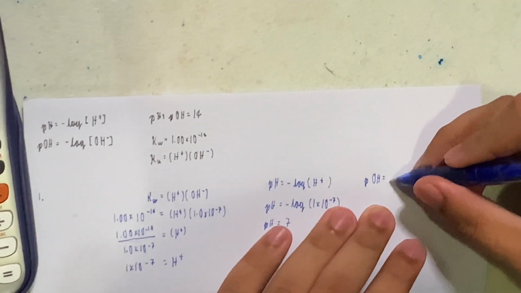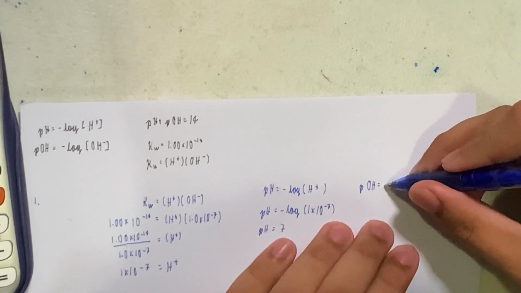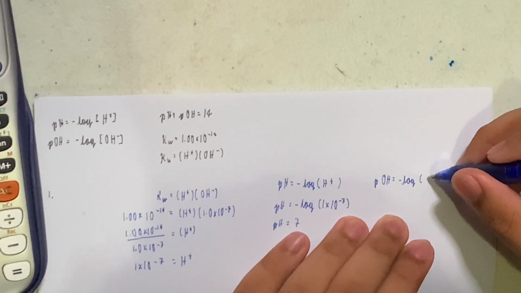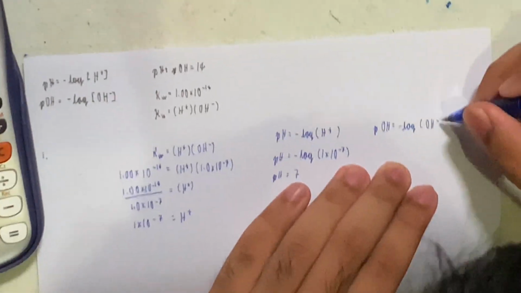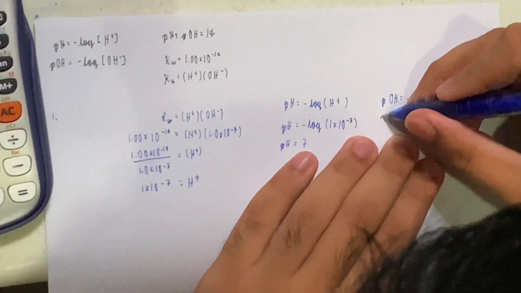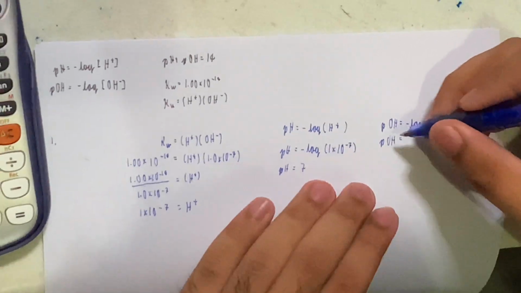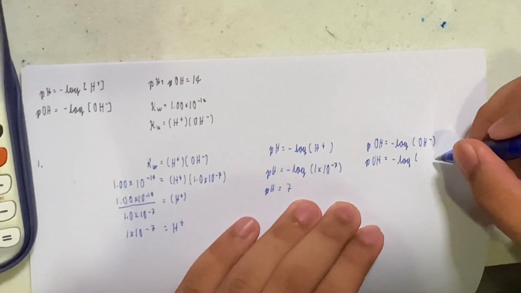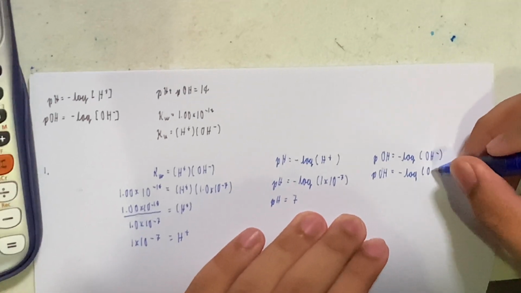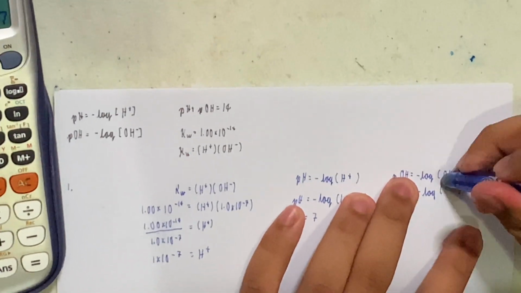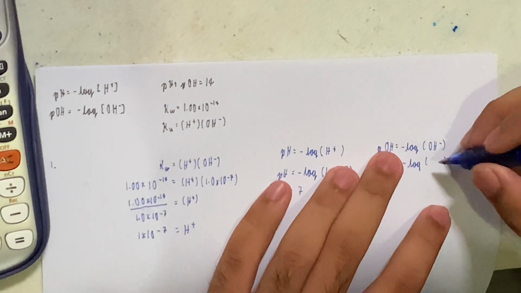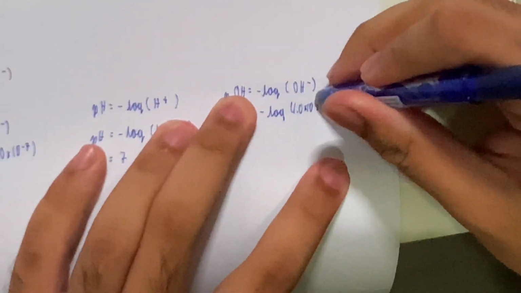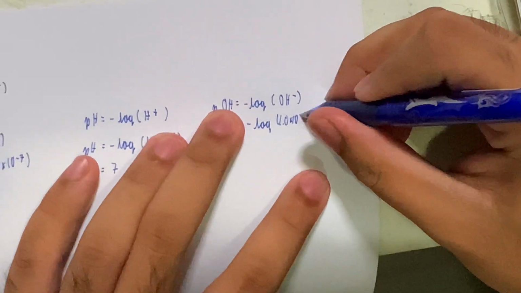POH is equal to negative log of hydroxide, which is 1 times 10 to the power of negative 7.